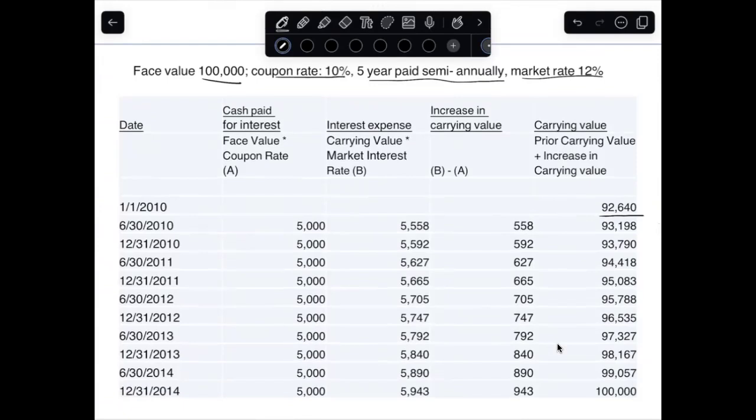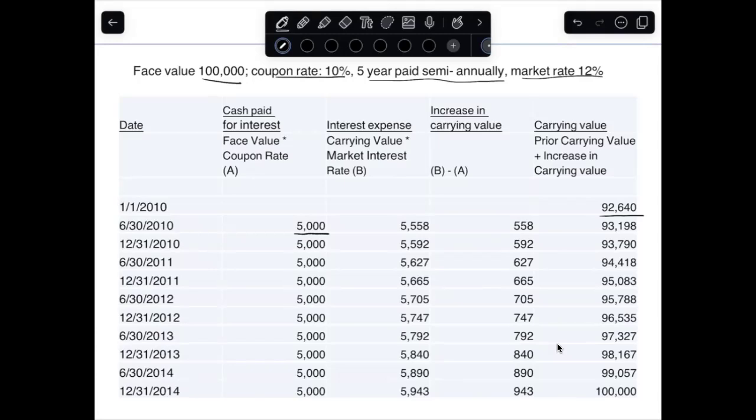So in year 0, the carrying value is that much, and in the last period, the company will pay the investors 5,000.